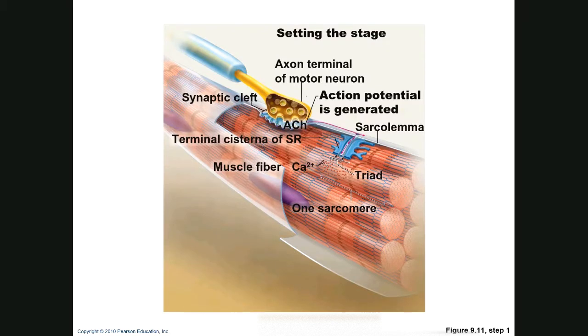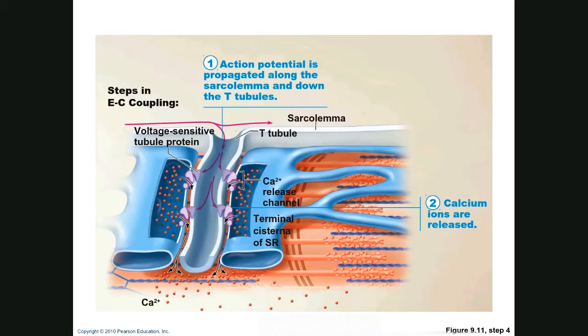They're actually tripped by the voltage, and they open up doors and let calcium out. So calcium is freed into the cell. This is a better picture. This opens up calcium, lets it be free in the cell.